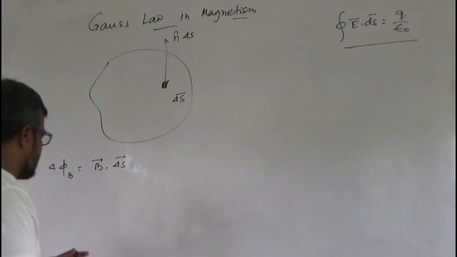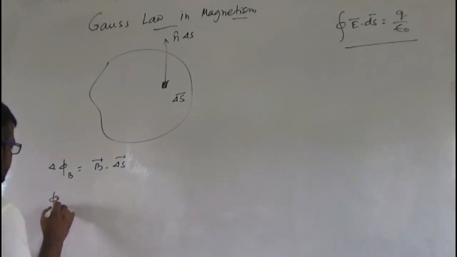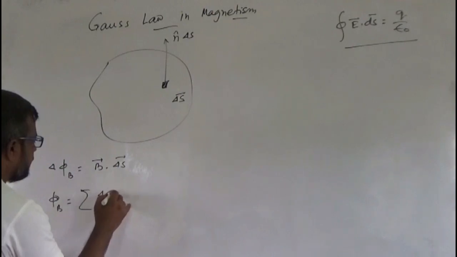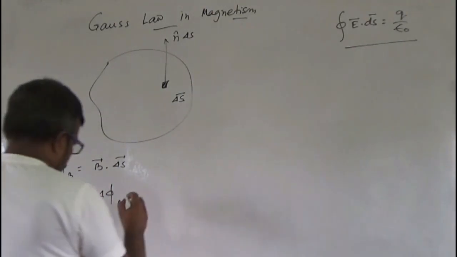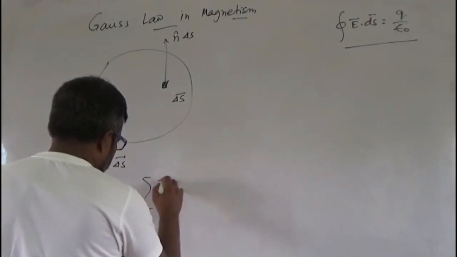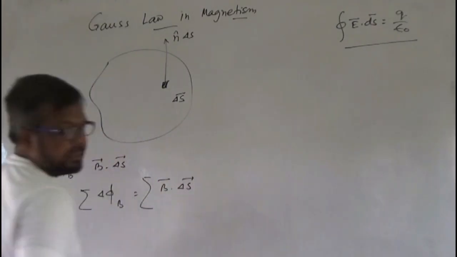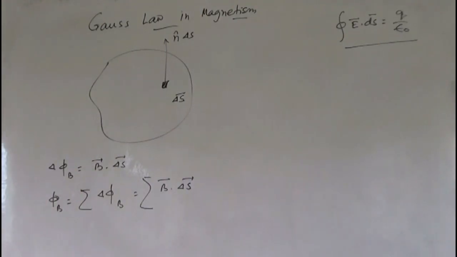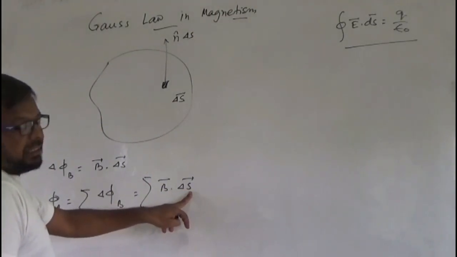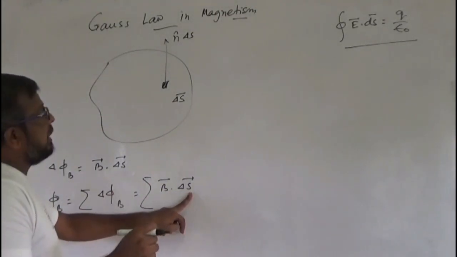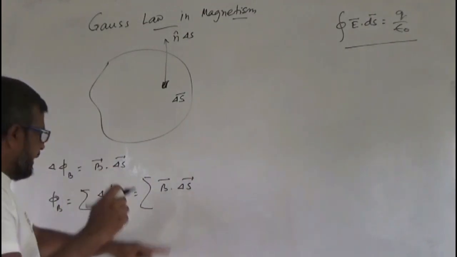The net flux phi B will be equal to summation over delta phi, which can be written as summation over B dot delta S. And now this summation can be changed into integration if delta S is very small and the number of delta S is large.